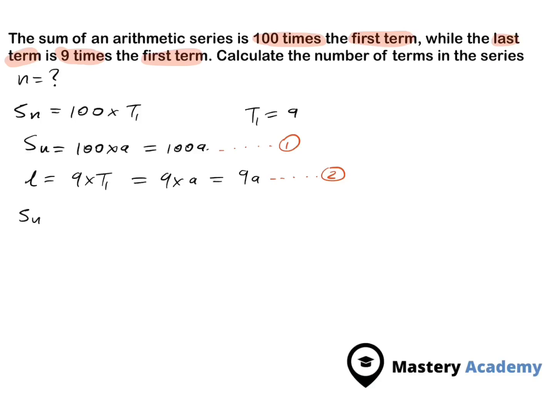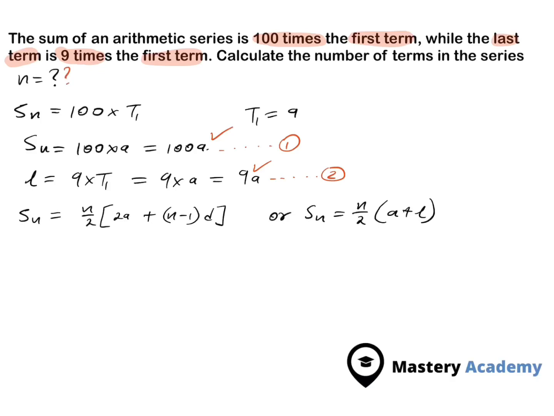So we have Sn is equal to n over 2 (2a + (n − 1)d). And then this one, Sn is equal to n over 2 (a + L). We have to choose between these two. Now, based on what we have, we do have Sn, we do have L, and we're looking for n.